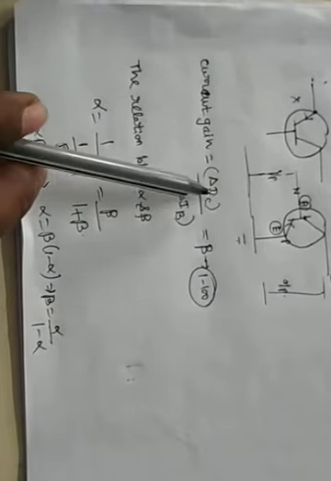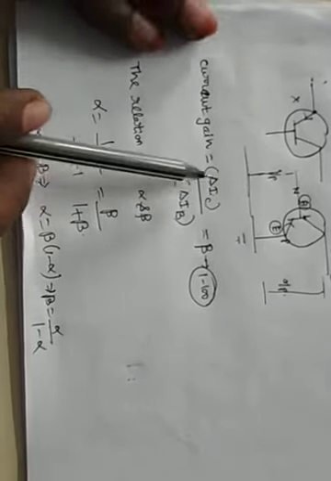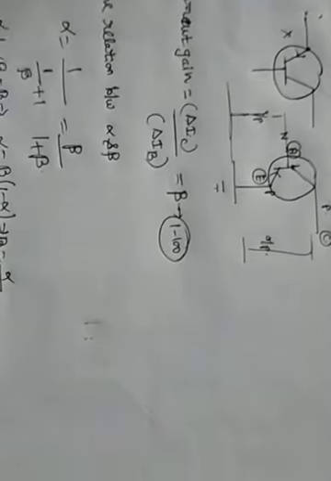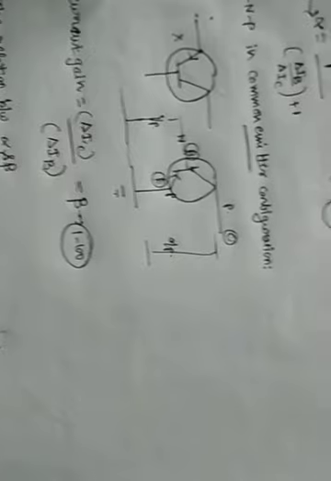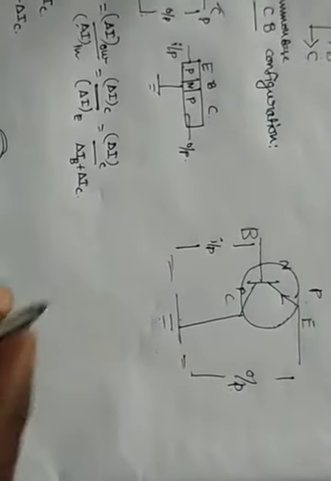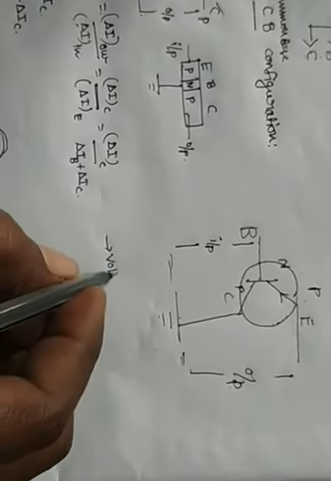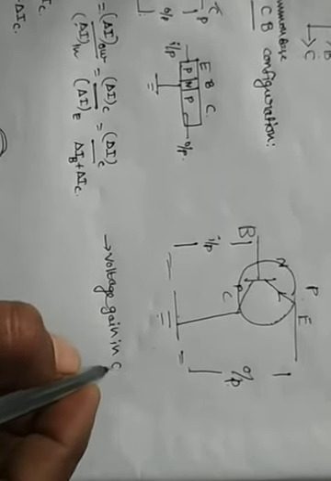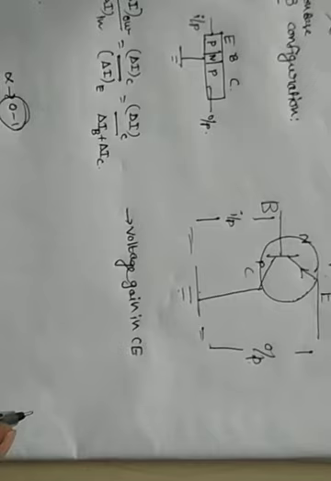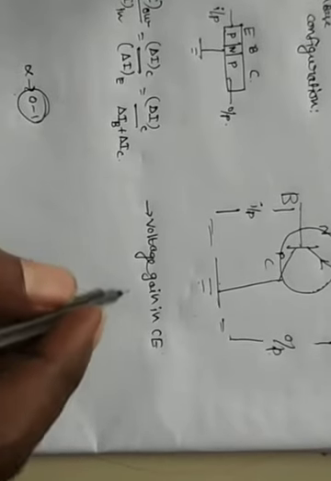For example, if you want only the voltage gain in the common emitter configuration, then you should write like this: voltage gain in common emitter configuration. Very important for skill.